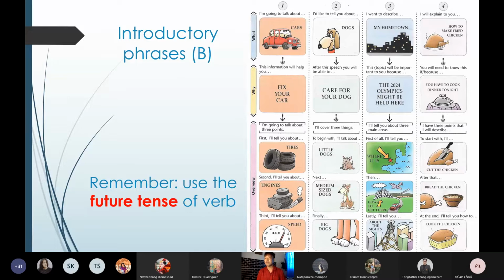Second, I'll tell you about engines. Third, I'll tell you about speed. So if you combine them together with the greeting and the introduction from the previous slide, let me do it. Hello, good afternoon, everybody.